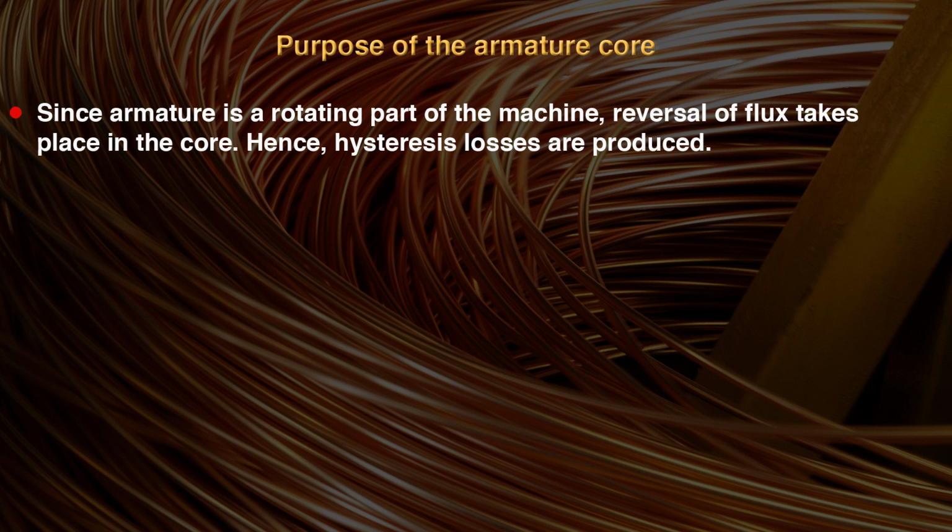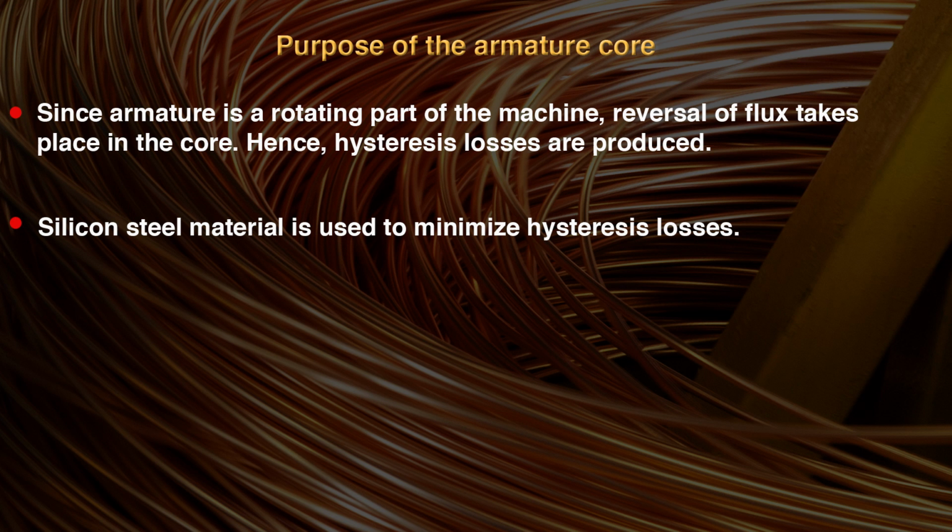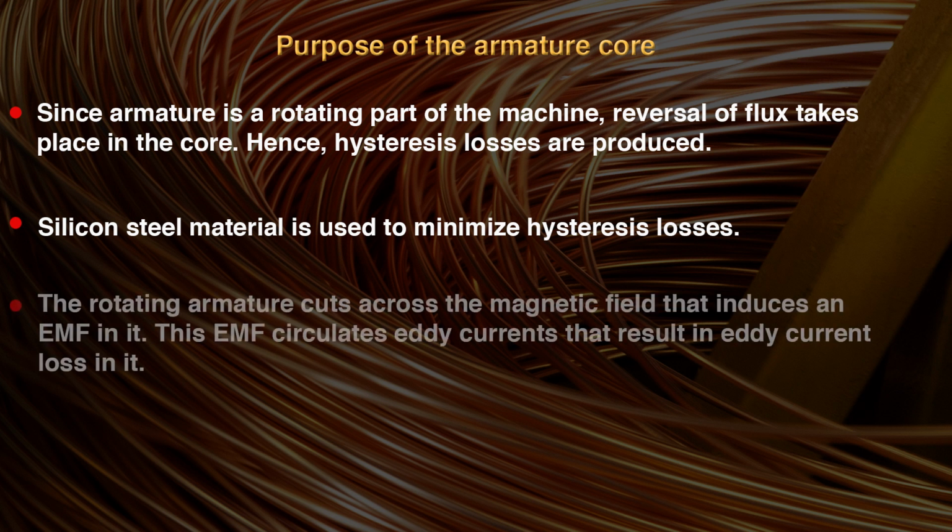Since the armature is the rotating part of the machine, reversal of the flux takes place in the core, hence hysteresis losses are produced. To minimize these losses, silicon steel material is used for its construction. The rotating armature cuts across the magnetic field, which induces an EMF in it. This EMF circulates eddy current that results in eddy current loss in it.